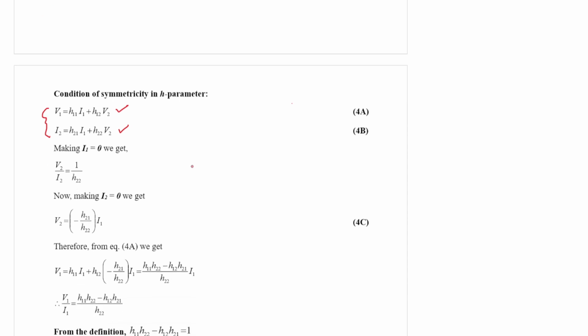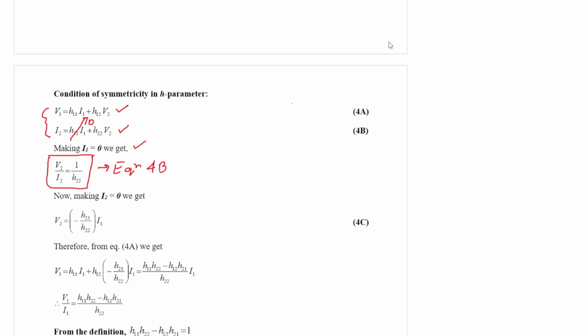By making I1 equal to 0, following a similar process, V2 by I2 will be 1 by H22 from equation 4b, because when I1 is equal to 0 the other term goes away. So V2 by I2 is 1 by H22.